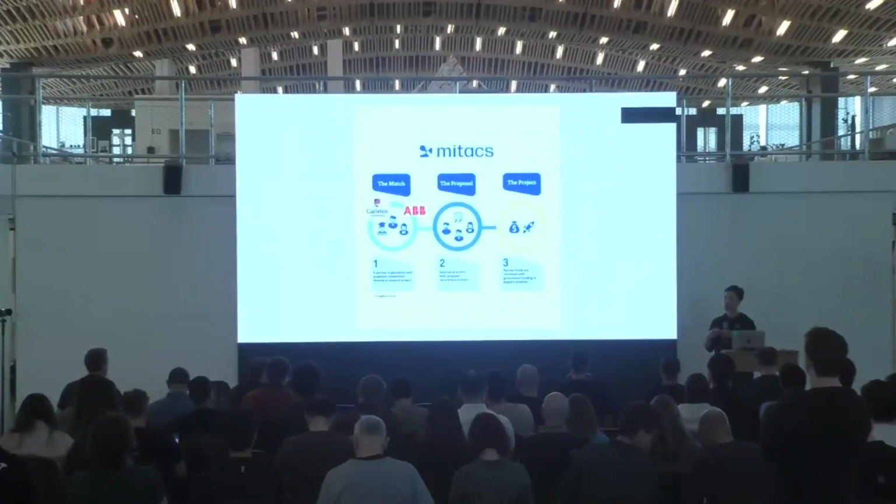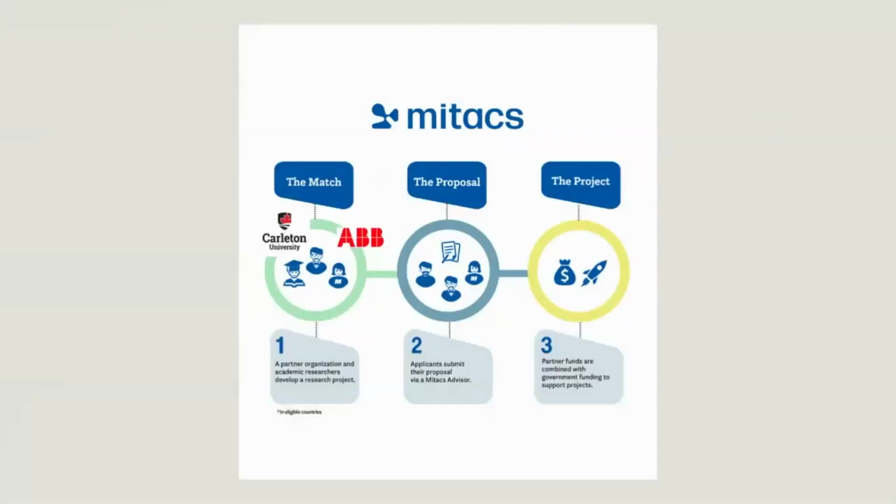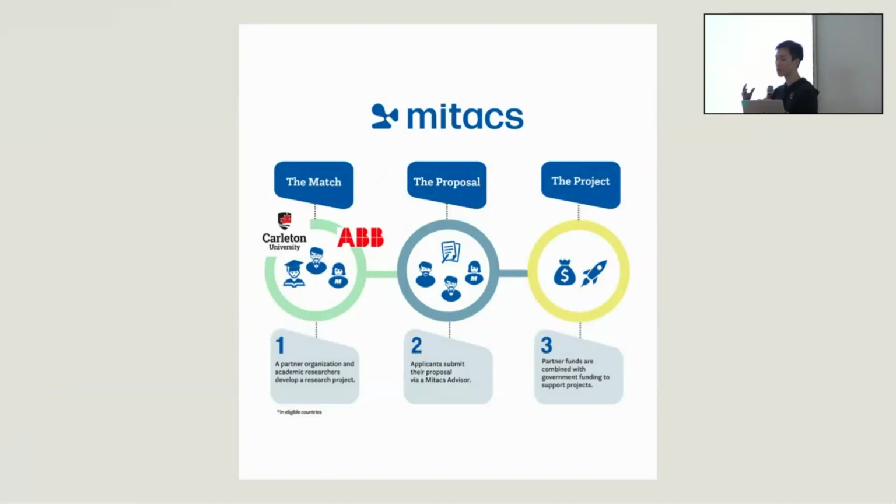And part of that led to a project funded by a research funding organization called Mitacs in Canada, where an industry partner is paired with an institution. And in my case, the industry partner was ABB Robotics Canada.